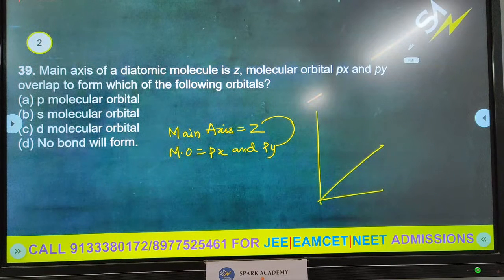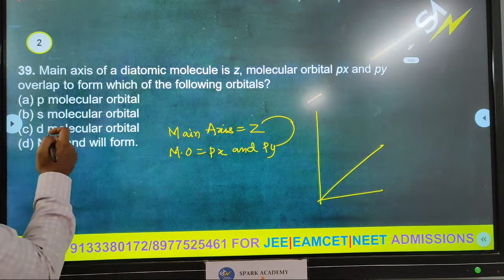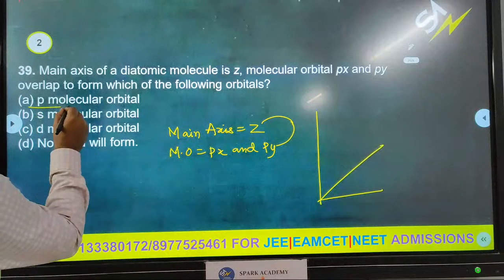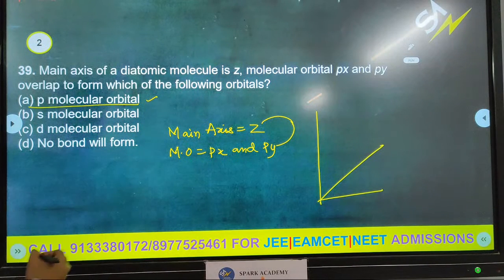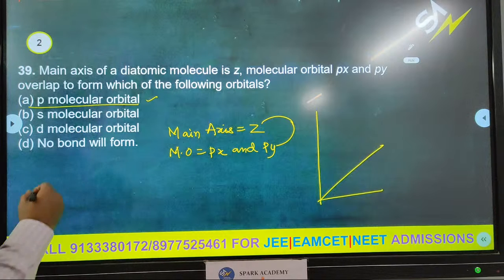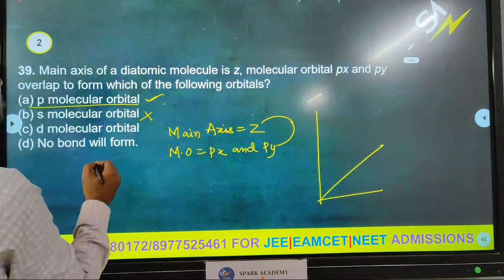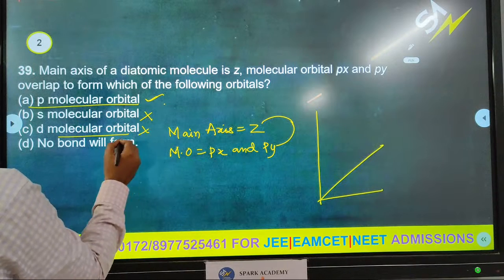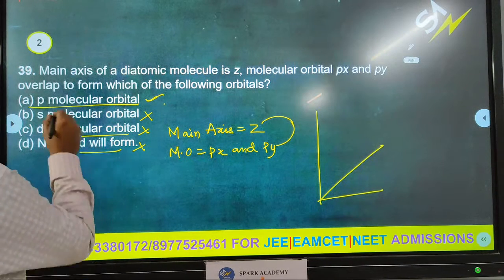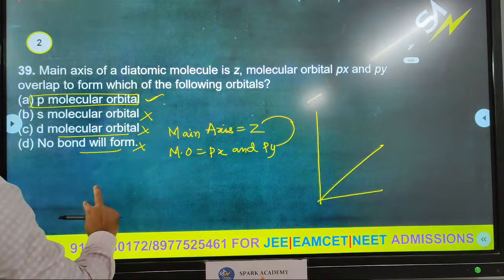This overlap is side by side overlap. So a pi molecular orbital will form. So answer is: Px, Py overlap to form a pi molecular orbital. Because an s orbital is not there, a delta molecular orbital is not there, and no bond will be formed is also wrong. So answer is pi molecular orbital.